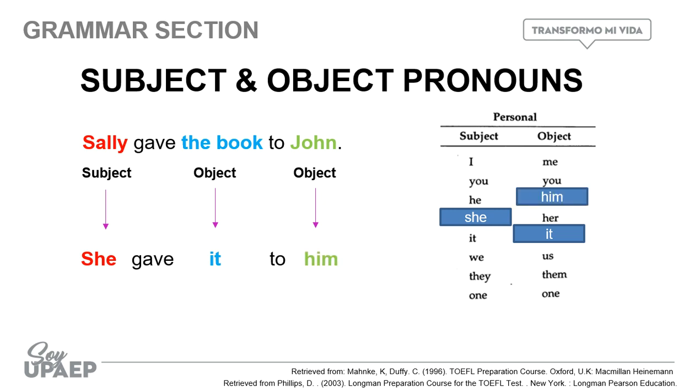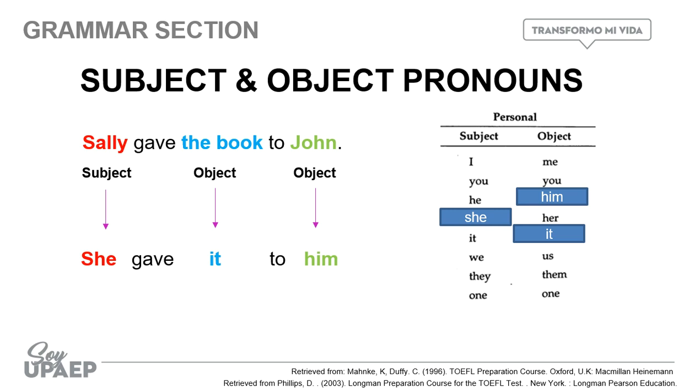And John is replaced by him. Notice that it is not replaced by he because John is not a subject. John is an object, so it needs to be replaced by an object pronoun. So if we replace all the nouns with pronouns, the sentence would be, she gave it to him.